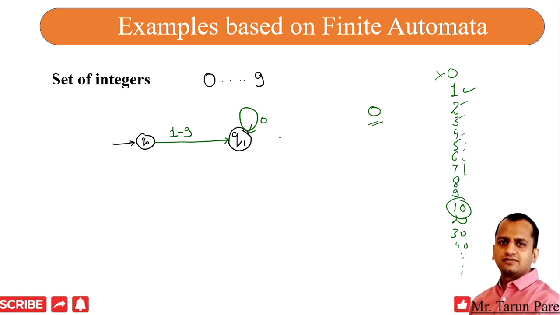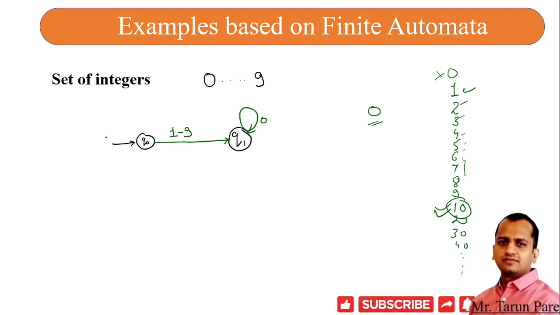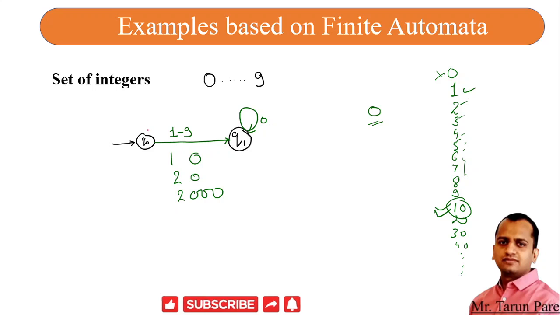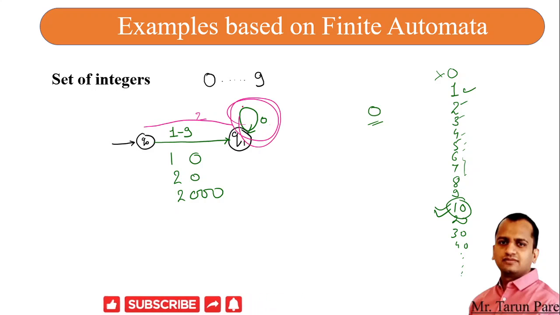When we make the loop, now if we pass the string 10, it will be accepted by this automata. If you pass 1 and 0, it will be accepted. If you pass 2 0, it will be accepted. If you pass 2 and triple 0, obviously this is going to accept it.